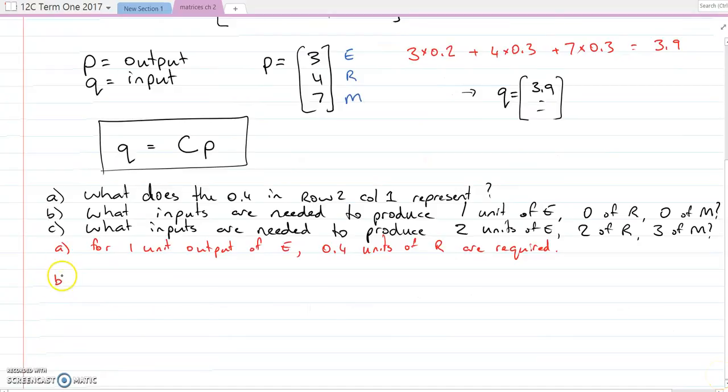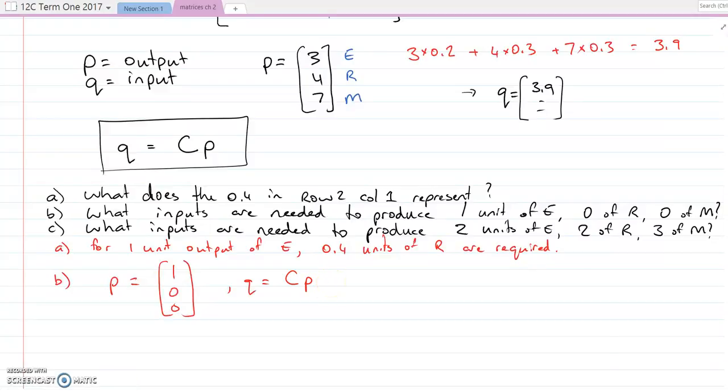Question B, what inputs are needed to produce 1 of E, 0 of R, and 0 of M? Alright, so the output, the P, is 1, 0, 0. Q equals C times P, and we'll just put it in the graphics calculator.